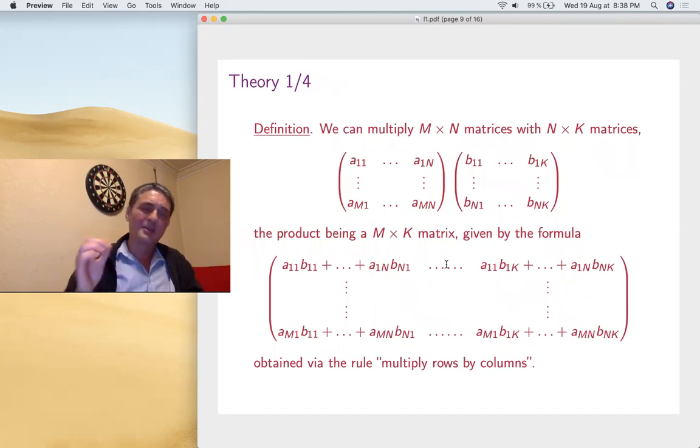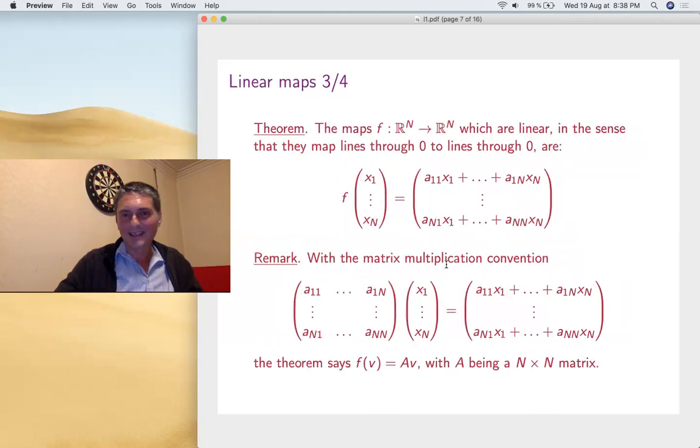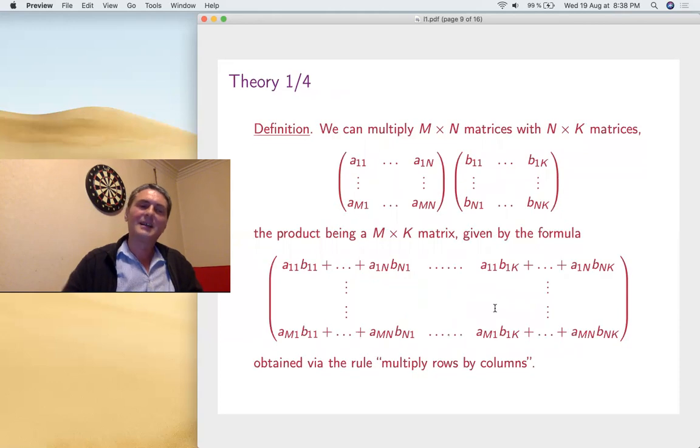So the difficulty in all this is this multiplication formula. The things here look very bad. So let's understand how matrices multiply with vectors. Best actually is to multiply matrices by matrices in the following way.